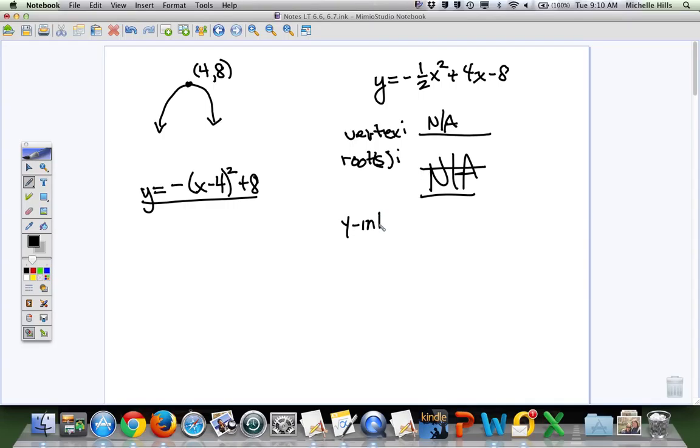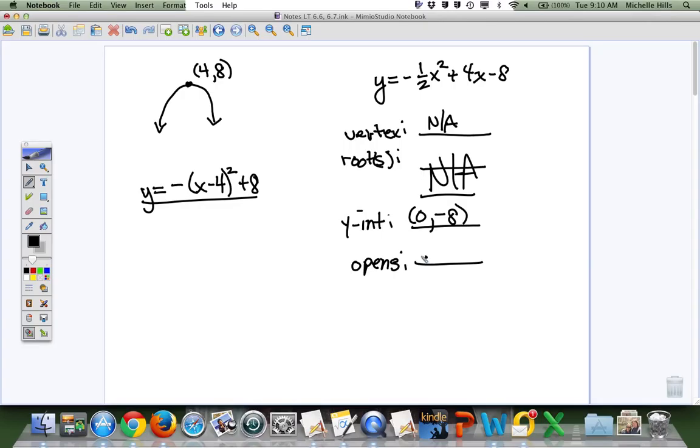Then it asks for the y-intercept. Yes, in this form, you should be able to tell that when I substitute 0 for x, this becomes 0, this becomes 0, and my y is negative 8. And then on all of these, you can tell me which way it opens. The coefficient of x squared is negative, so it opens down.